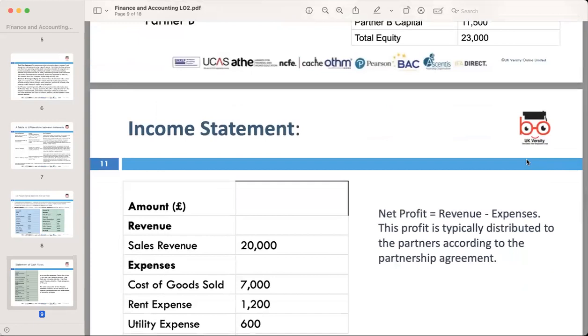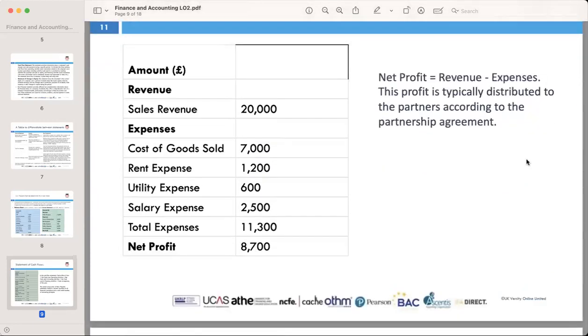In the income statement, we have two main sections, revenue and expenses. Revenue represents the money a company earns from its primary operations. In this case, the sales revenue is £20,000. This means the company made £20,000 from selling its products or services.